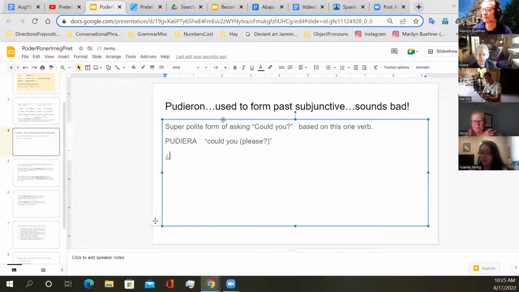So you ask something like, pudiera buscar otro número, and número in this sense would mean a shoe size. Número is often used for shoe size. Pudiera buscar otro número en este estilo. And you're talking about zapatos, okay? You're talking about zapatos.